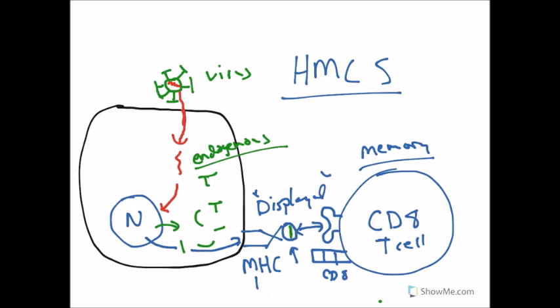So let's take a look at another interesting thing, and for this one we need our macrophages. Here I have a macrophage, which we're going to refer to as an antigen presenting cell, right? Let's draw a nucleus so we know this cell does have a nucleus.